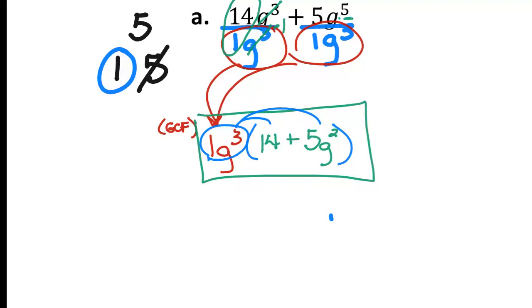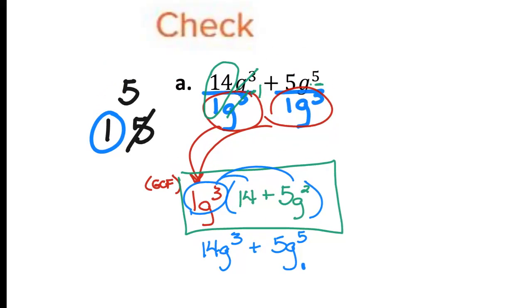Well, 1 times 14 is 14g to the third. 1 times 5 is 5, and g to the third times g to the second. Here you have 3 g's, here you have 2. That is a total of g to the fifth. And that's what you started with, so you know you have factored correctly. Does that make sense? Because it's just the reverse of the distributive property.